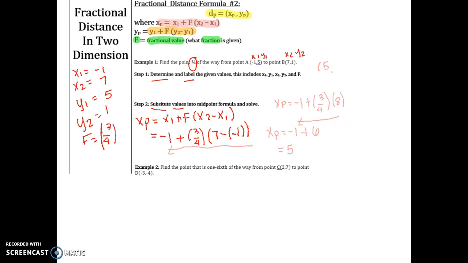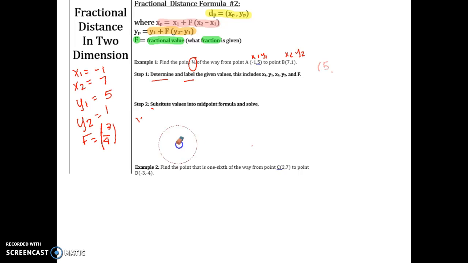So I'm going to erase this, and now it is our turn for our y value. I'm going to erase it because I don't have much space, but of course you will be doing it on your own. So I'm going to write the equation and then substitute our values. So pause this video and let's fill those out.